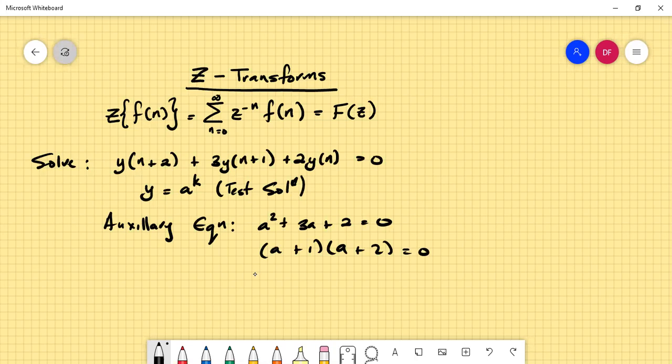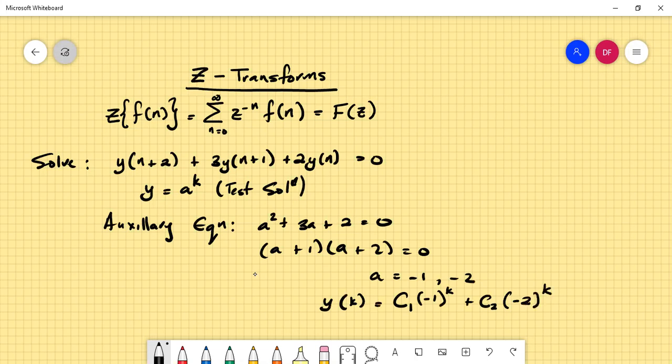So a will be equal to minus 1 or minus 2. So our y of k will be equal to some constant C1 times minus 1 to the k, plus C2 times minus 2 to the k.